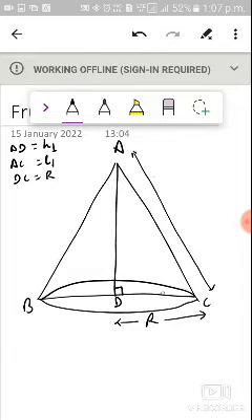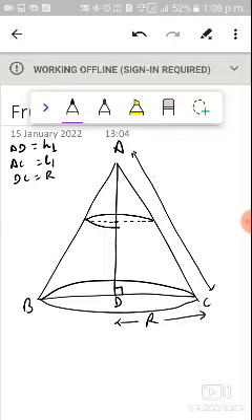Now what I'm going to do is take a point anywhere in the height, suppose this point is E, and cut a small piece of cone from the top of this cone. The cut will be parallel to the base of the cone.